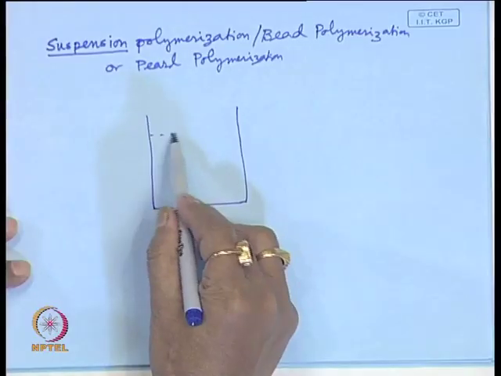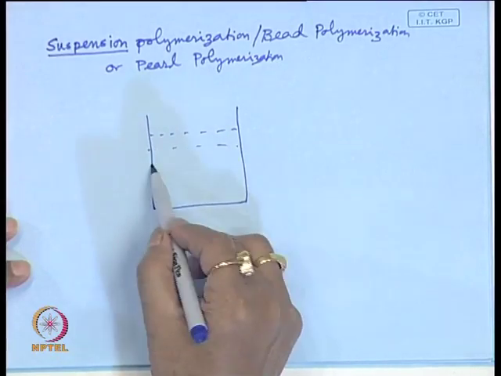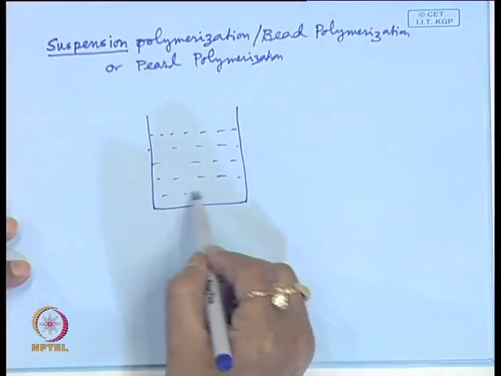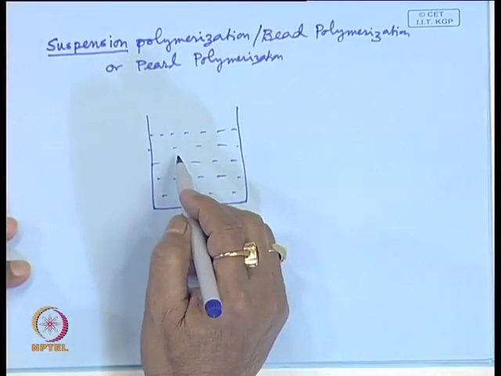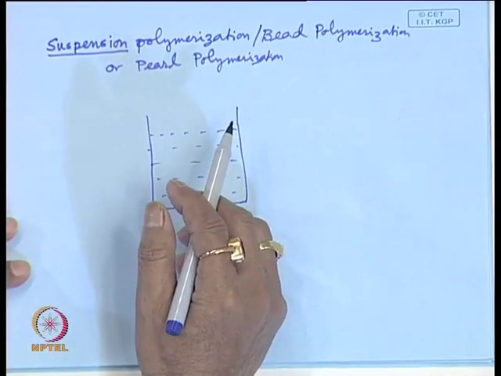That means, in a container you take water as the dispersion medium, there you add the monomer, being hydrophobic in nature, organic in nature, it will not be miscible with the water phase.